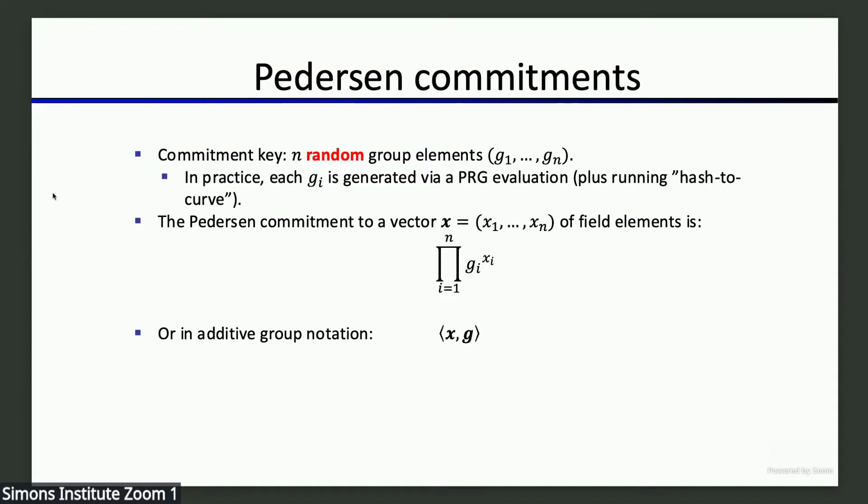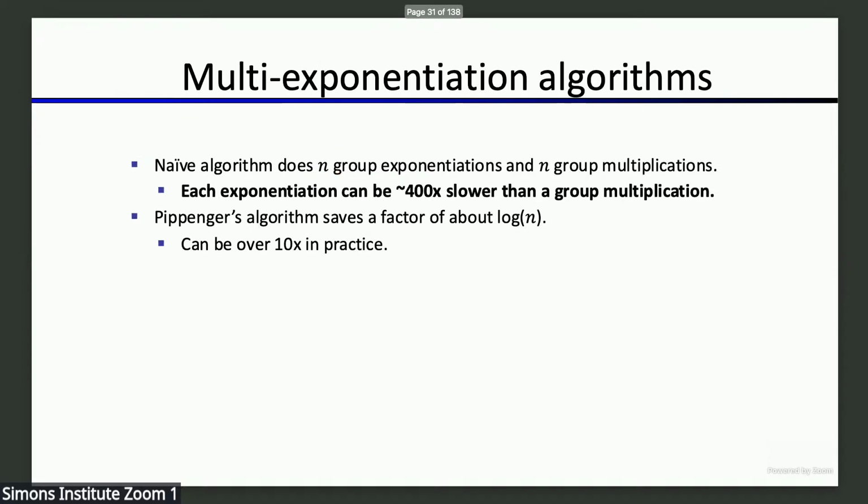There is a more sophisticated algorithm called Pippenger's algorithm that saves a log n factor compared to the naive approach, and it reuses work between the n exponentiations. That log n savings is a big deal, because n could be millions or billions, so log n is 20 or 30. That's an order of magnitude savings.